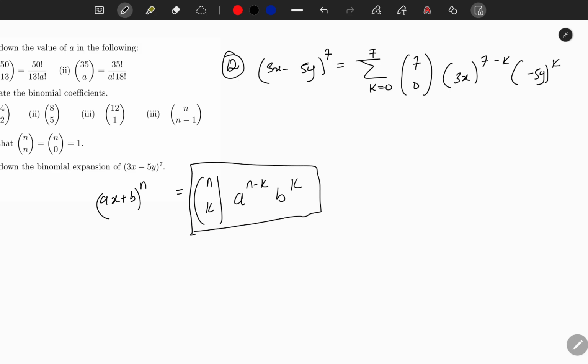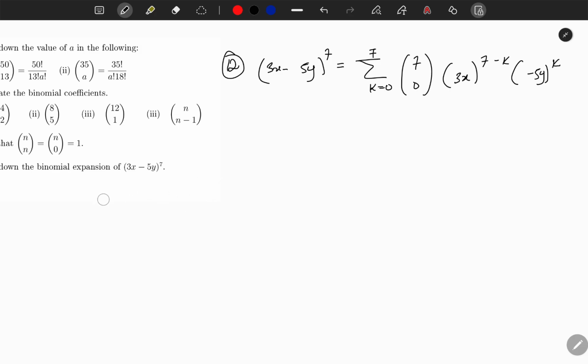Yes, this is what we are going to apply there. So now remember that we are summing all the expansions from 0 to 7. All we need to do is start from k equal to 0, k equal to 1, k equal to 2, k equal to 3, all the way up to k equal to 7. So let's start from k equal to 0.